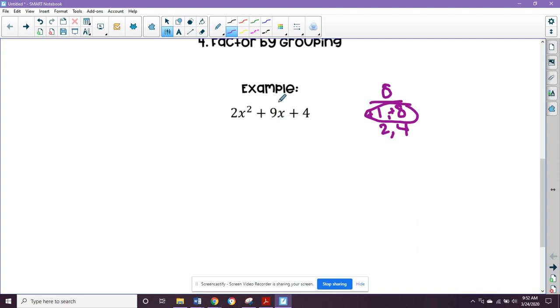So we're going to break up this middle term with our 2 factors of 1 and 8. We're just going to rewrite our first term, 2x squared.